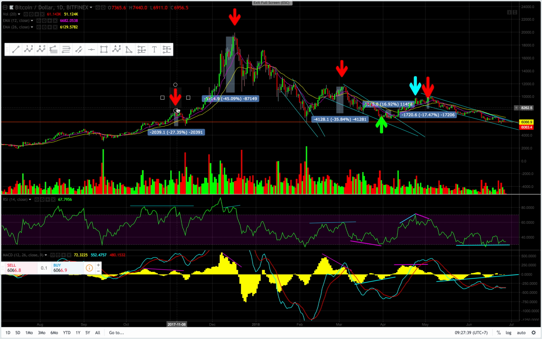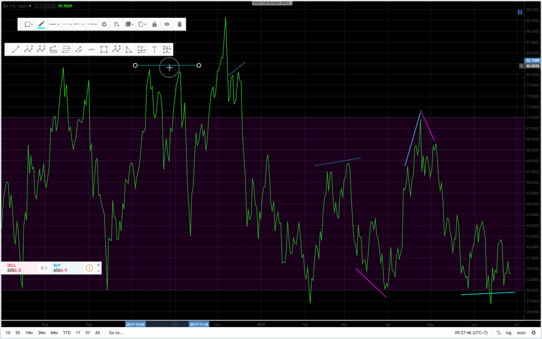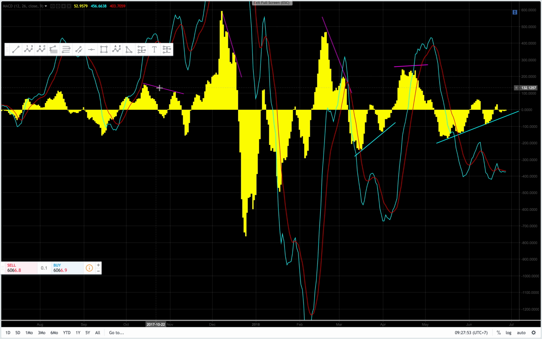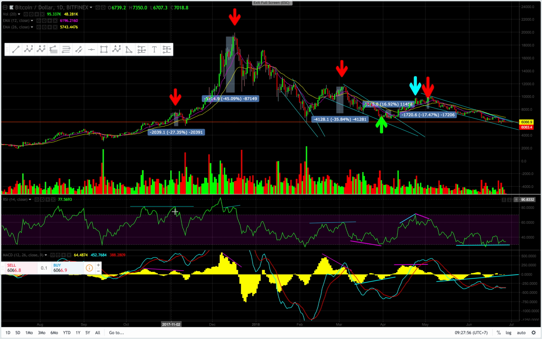So if you were to short this exact point, where the RSI is more or less the same level, comparing that with the MACD is a good indicator. This level over here, where the price was 7,550, compared to this level where the price was 5,900, shows there's going to be a downswing from there.